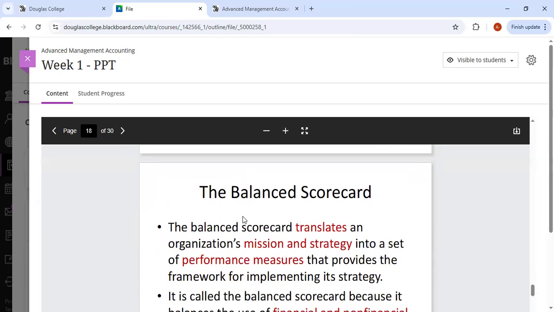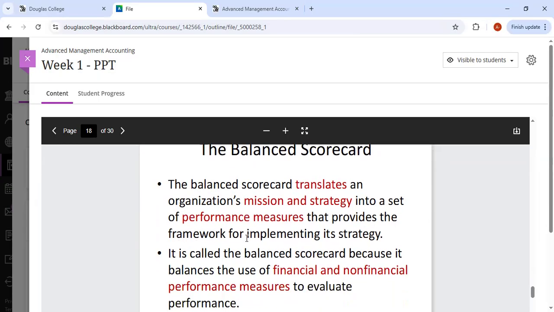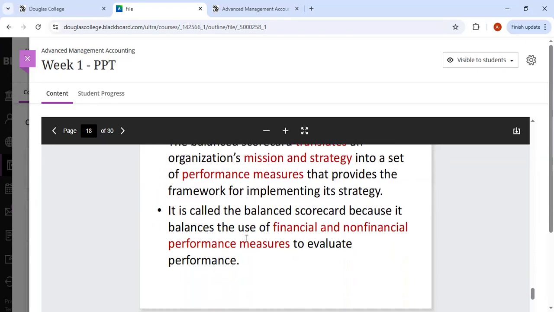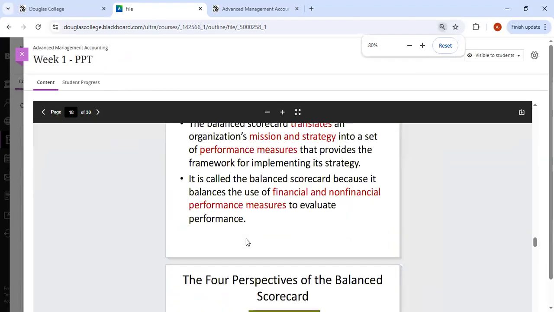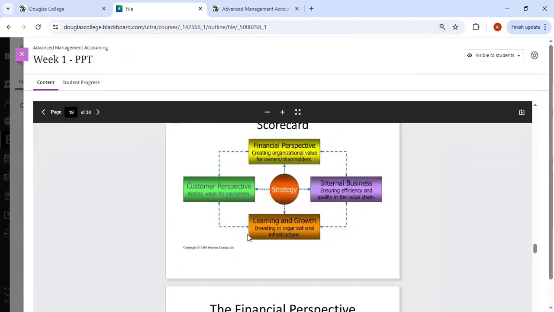And that's where you have to be successful, by achieving long-term success rather than short-term success. Again, the balanced scorecard translates the mission and the strategy into a set of performance measures. That's a repetition of the four perspectives, and inside is the mission and the strategy we chose for the company in order to achieve the goal.